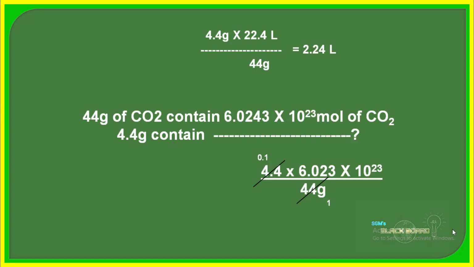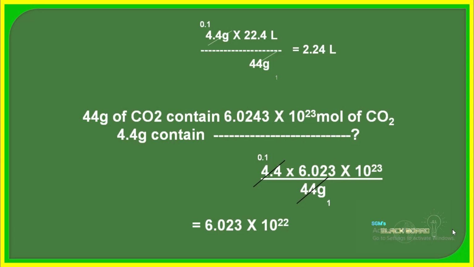Dividing, 44 ones are 44, 0.1, so multiplying 0.1 into 22.4, that is 2.24 liters in volume.